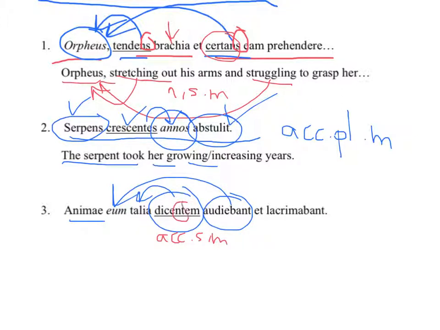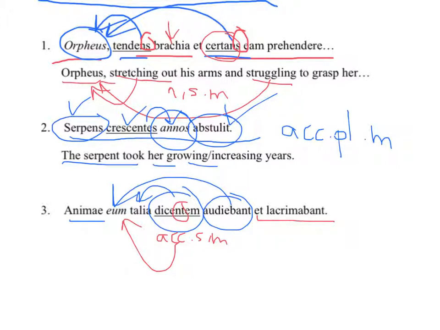It has the nt plus the accusative ending, and it modifies him. The spirits heard him speaking. What was he doing? How do you describe him? He was speaking. You take a verb and turn it into an adjective. And then the sentence continues, and the spirits were crying. So dicentem, because it modifies eum, agrees with it in case, number, and gender. Both are in the accusative, singular, masculine.